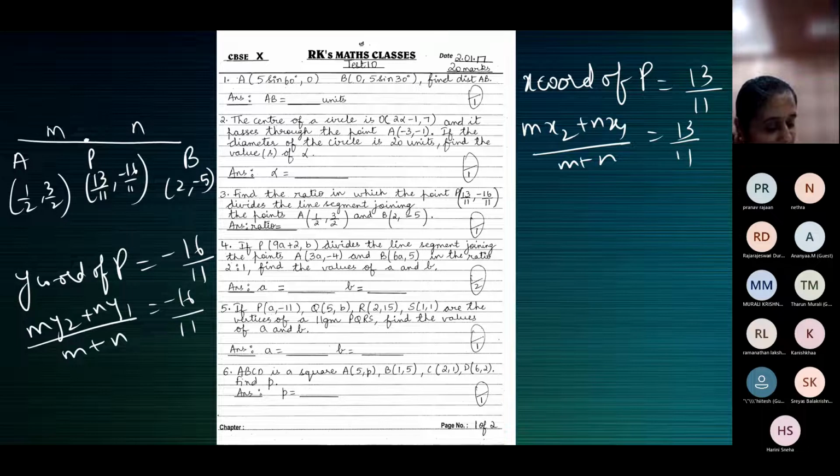Take a picture of your answer and put it on WhatsApp, if possible, now. Very good, Ananya.